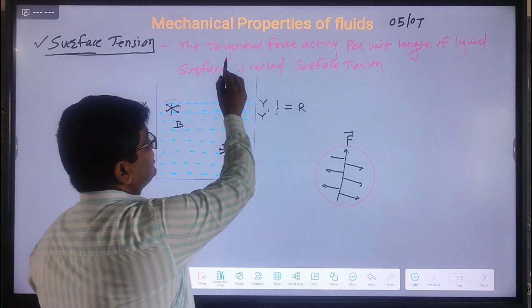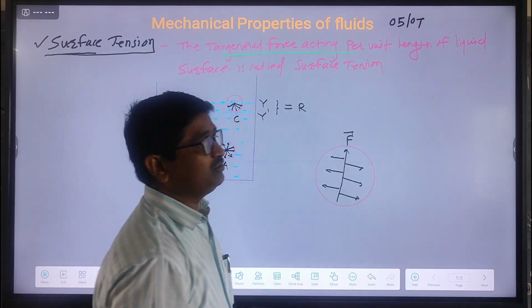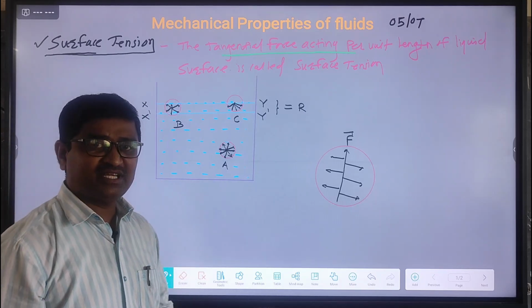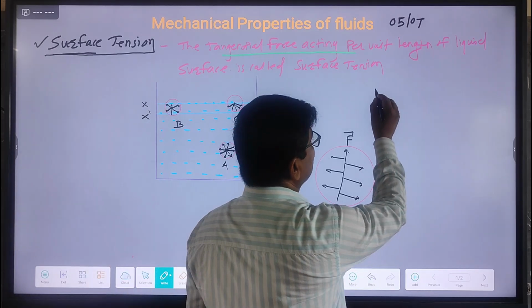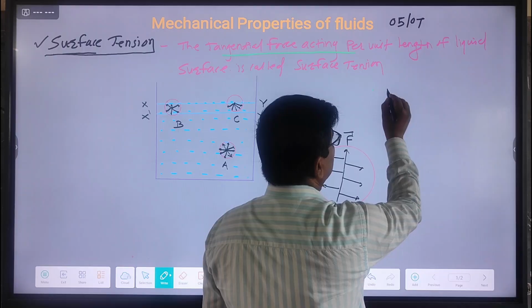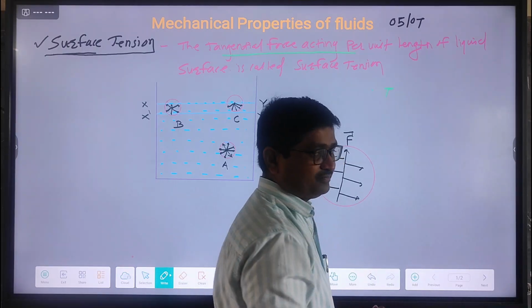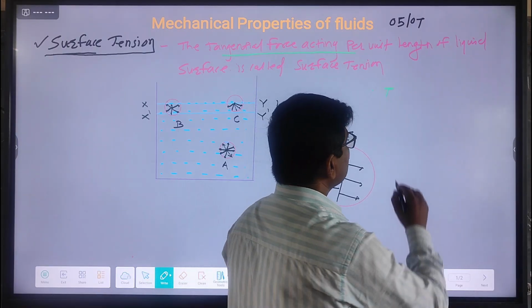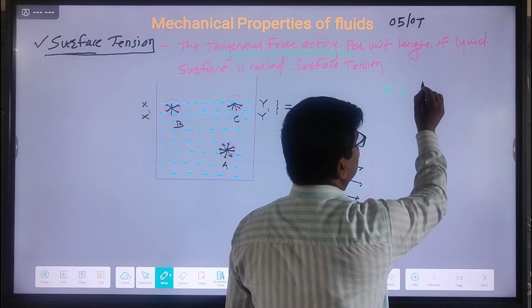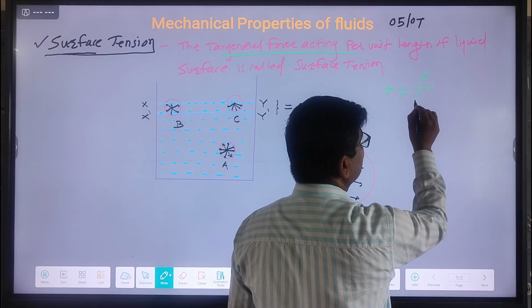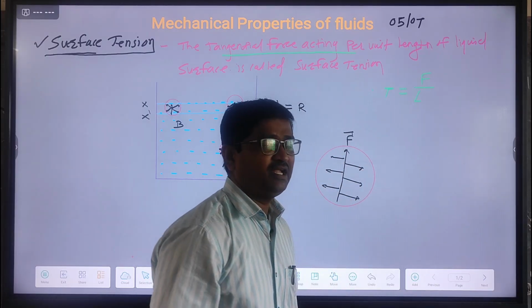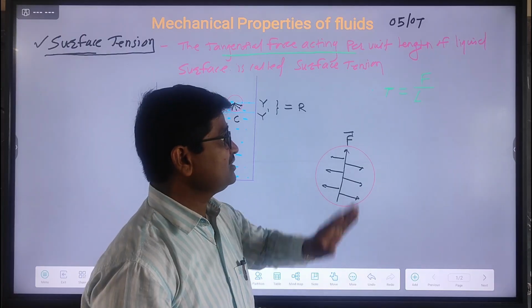So, the surface tension will be represented by capital T. Surface tension is equal to the tangential force acting per unit length of the liquid surface in contact. So this is called surface tension.